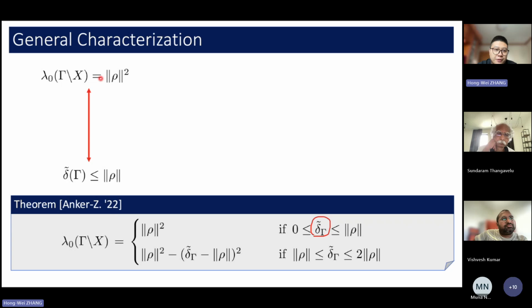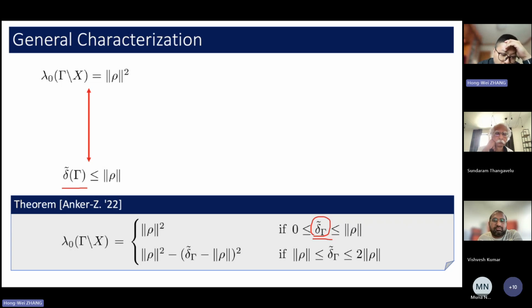So the first step, we prove the equivalence between the bottom of the L2 spectrum and this critical exponent of the discrete subgroup. This is delta gamma, sorry, this is the same thing. Sorry, this is a typo.